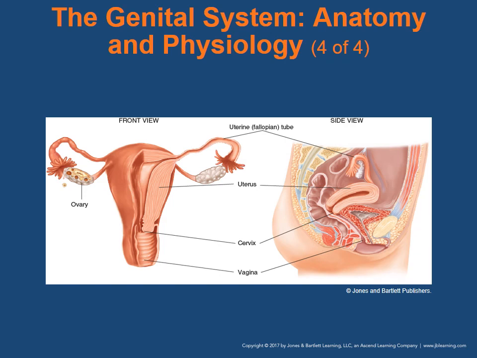The normal route is to go through the fallopian tubes and sit in the uterus and wait to hopefully be fertilized. Well, if it gets stuck in the fallopian tubes and gets fertilized there, this is a very small location, right? As that egg gets larger and develops, it will actually rupture that fallopian tube and cause massive bleeding, massive pain, and is extremely life-threatening.